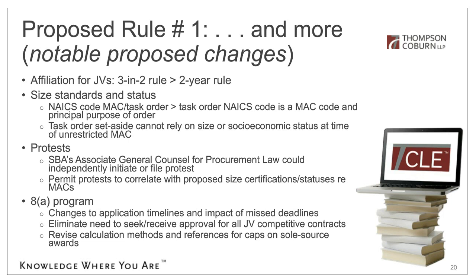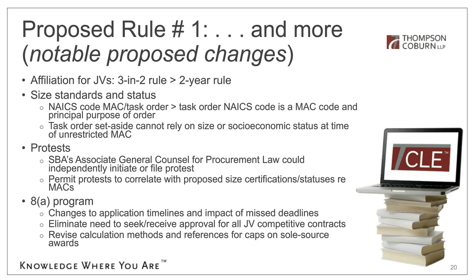Another change is the elimination for an 8A joint venture to seek and receive approval for all competitive contracts that they're going after. Currently, an 8A joint venture, anytime they want to submit a proposal on a competitive contract or a sole source award, they have to get SBA's approval in advance to do that. And they have to get approval of a change to their joint venture agreement.